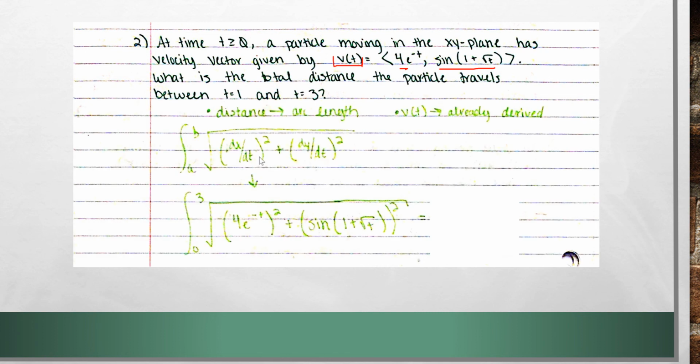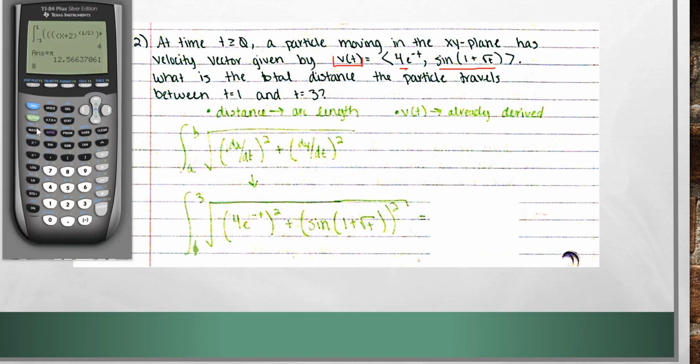Remember the formula is the integral from a to b of the square root of dx dt squared plus dy dt squared. So when we plug in our values, I'm sorry, that 0 should be a 1, like that. So we have the integral from 1 to 3 of the square root of 4e to the negative t, squared, plus sine of 1 plus the square root of t, squared.